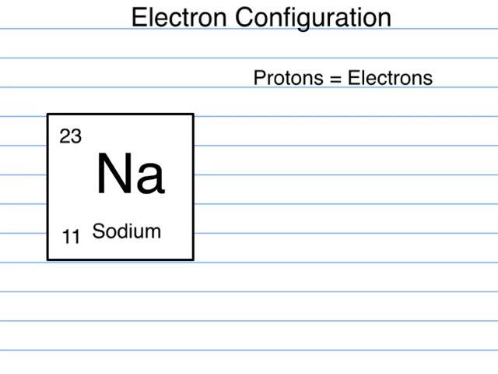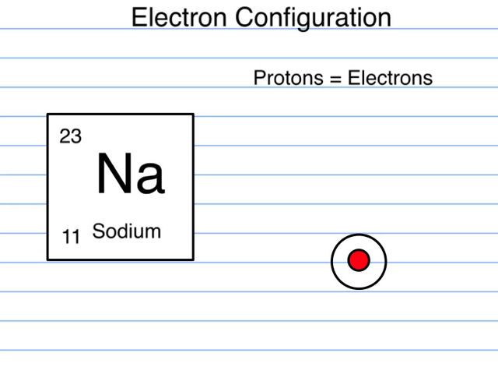Now if we put in our nucleus for sodium, in that nucleus we've got 11 protons. Now we can put our 11 electrons into our sodium atom. If you remember from the previous slide, we have two electrons that can go on that first shell.